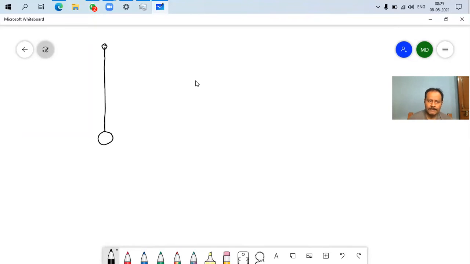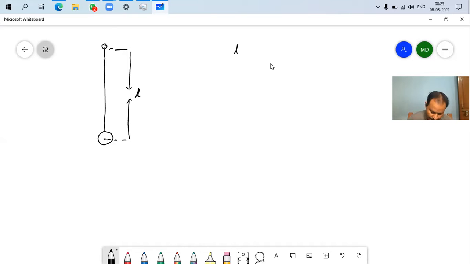Now, when we see this, assume this is the center of the bob. So first of all, this is the effective length L.